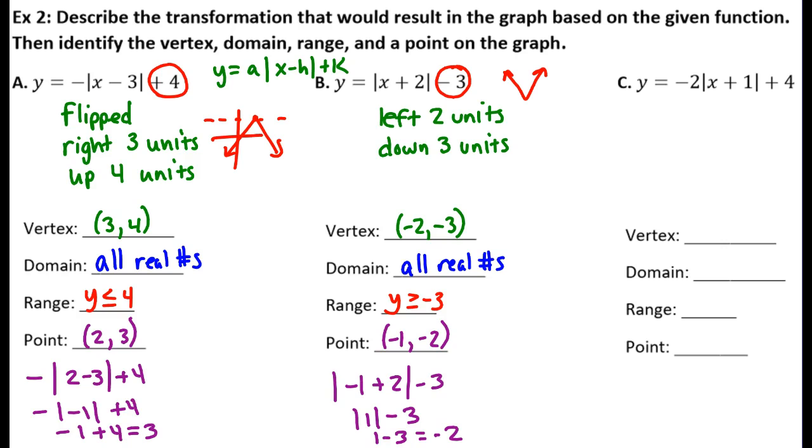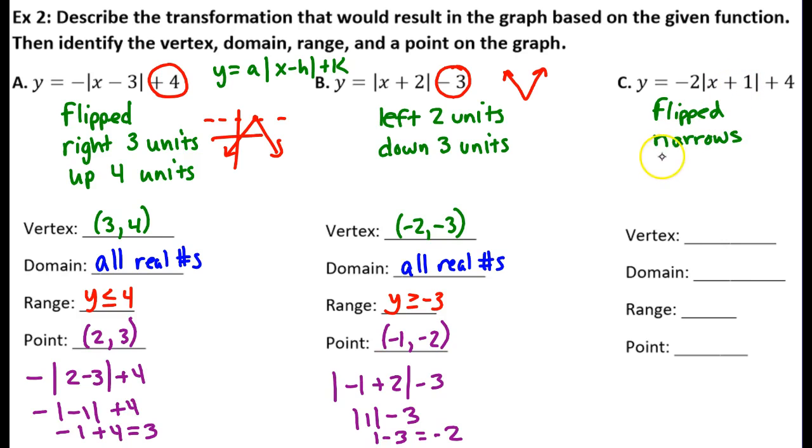In C, here I have y equals negative 2 times the absolute value of x plus 1 and plus 4 on the outside. So based off of the negative, it is going to be flipped. We just pay attention to the number here too, so this graph is definitely going to be narrowed.